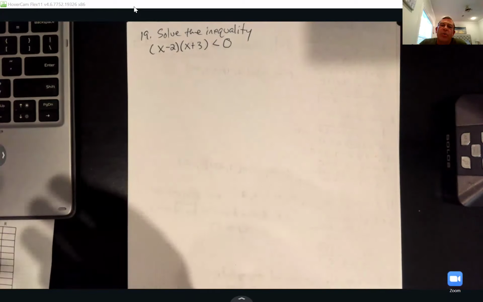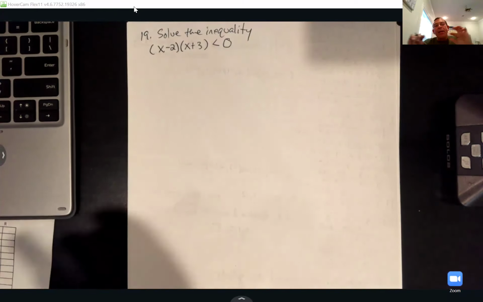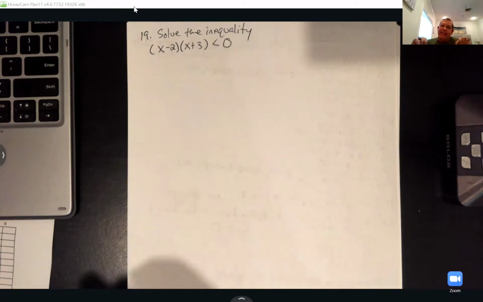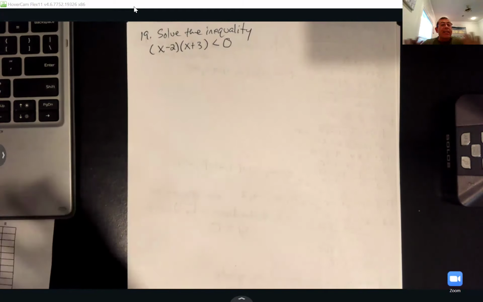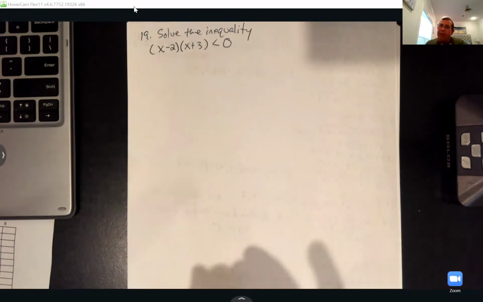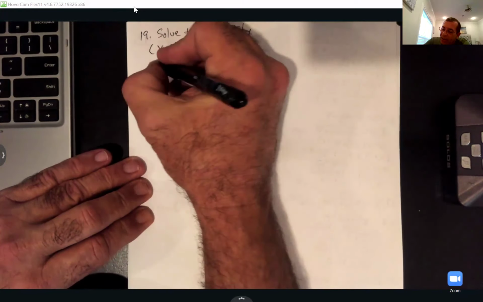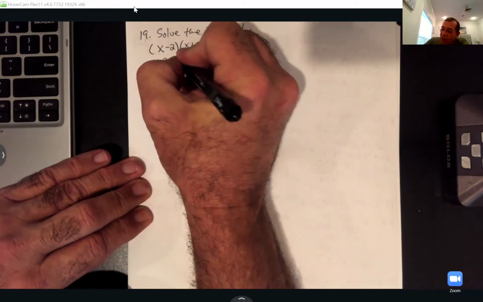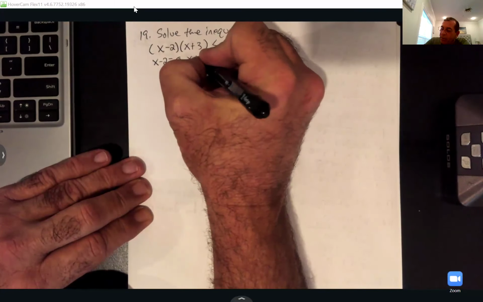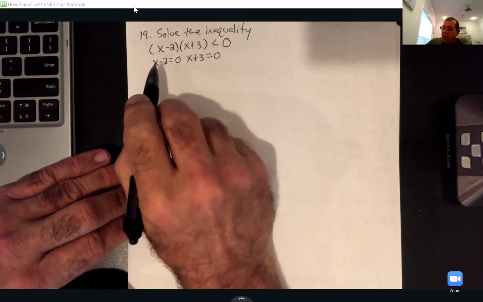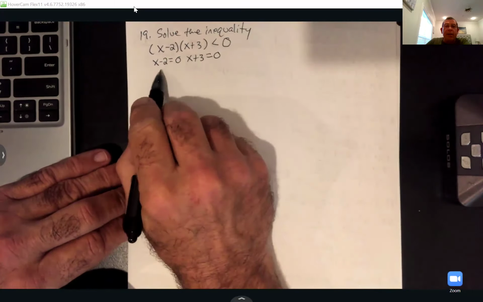So y'all remember, these are the ones where I solved them, made up a number line, and I tested my 0. You can test any number, but 0 is probably the easiest one to test. So since 19 is already factored, set both of these equal to 0 and get me those 2 numbers. So here, add 2.